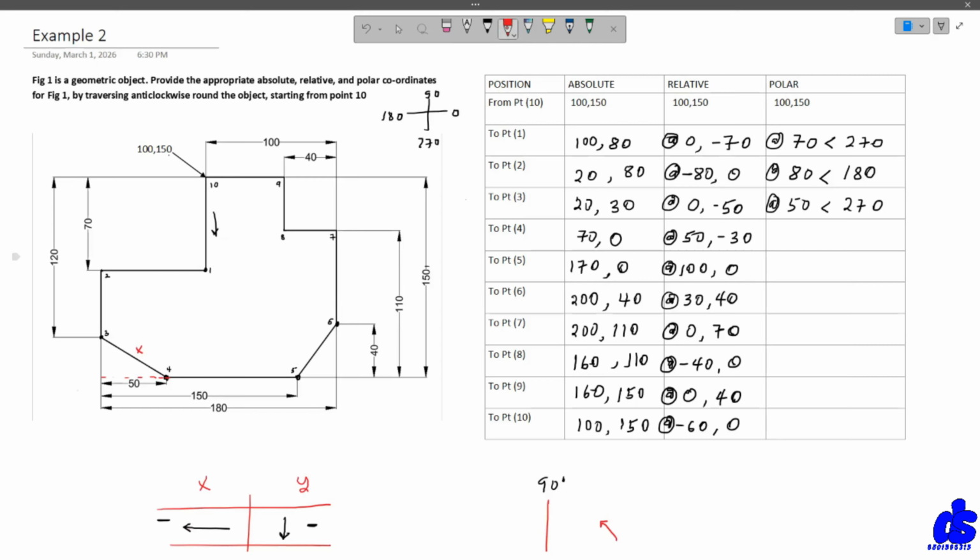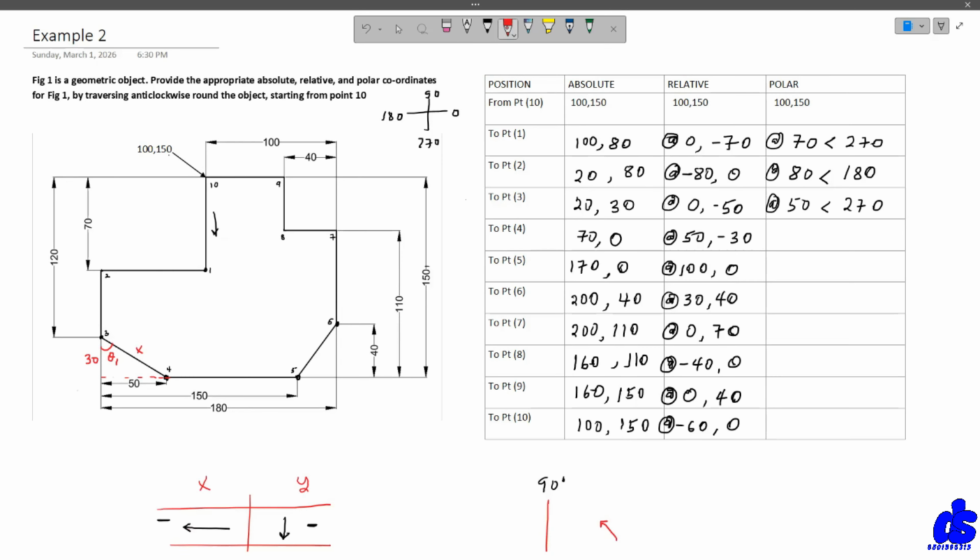We are trying to find this angle, let's call this θ1. We can find this distance, and we also know this distance. This distance is 150 minus 20, which is 30. We know this to be 50.